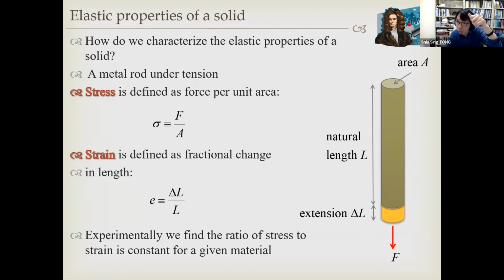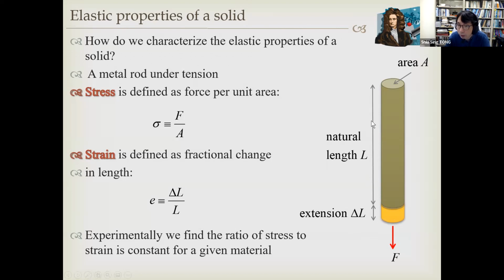So when you apply stress to some metal or some material, it will deform slightly, but the deformation is too small to be seen with naked eyes. And so we assume a small deformation with a small increase in length, that is delta L. Delta L is called the extension.